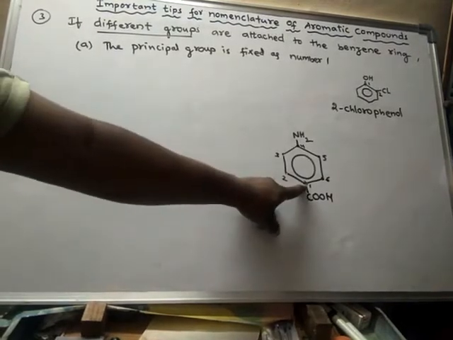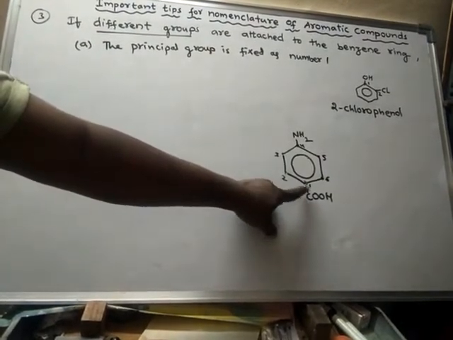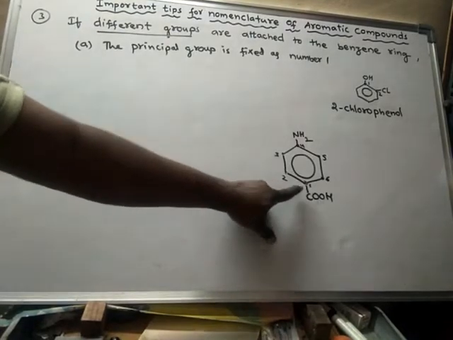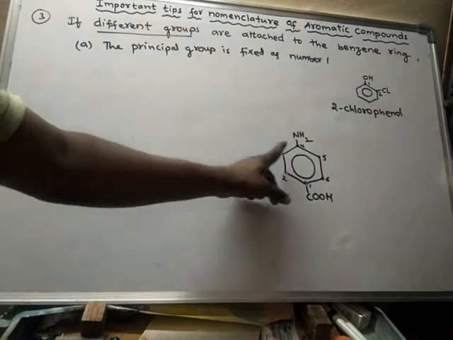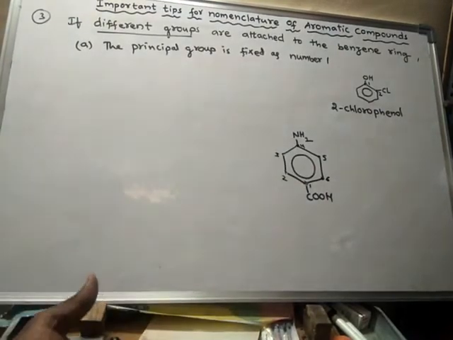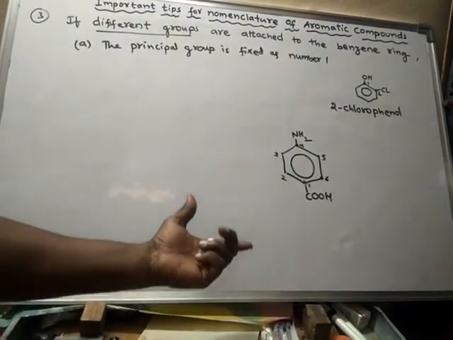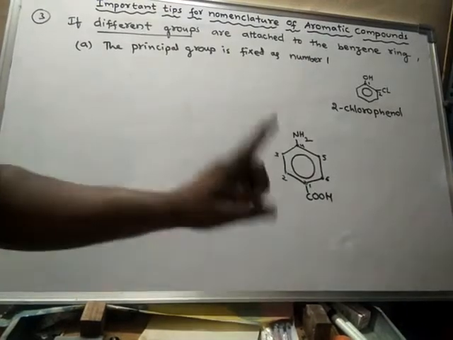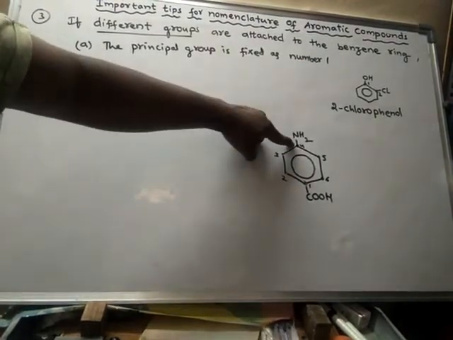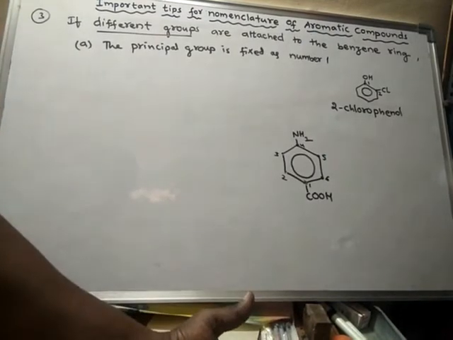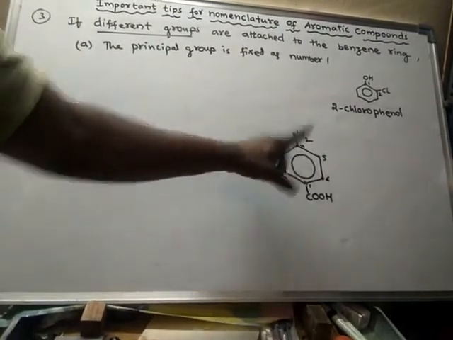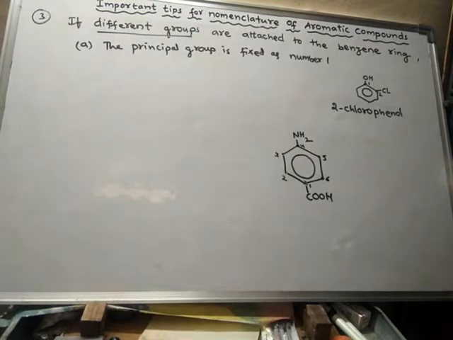We have to start from the carbon to which the main functional group is attached, and that carbon should be treated as number 1, and the subsequent carbons should be numbered either clockwise or anti-clockwise. It makes no difference, but we have to see that the other substituent gets the lowest possible number. So here I am going like this.